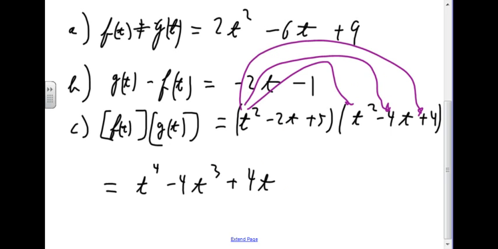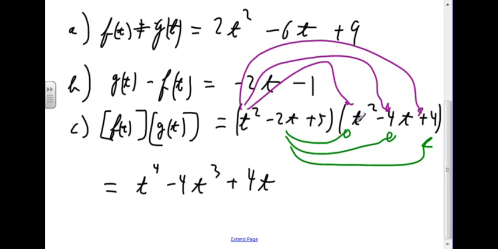Okay, now I'm going to do the next row. That guy, this guy. And I'm going to line them up in order so that I don't get hosed in the end. Okay, so minus 2t cubed plus 8t squared, and then minus 8t.